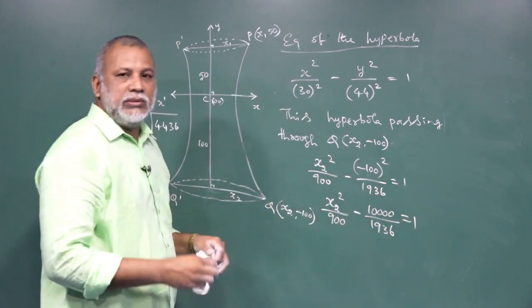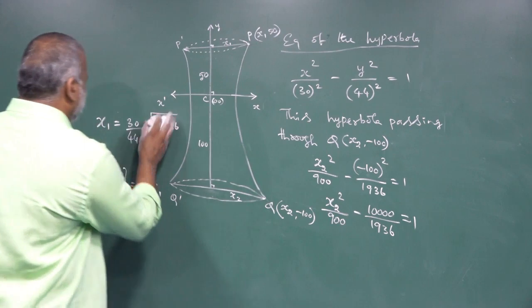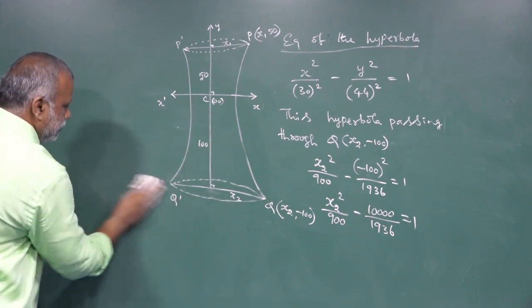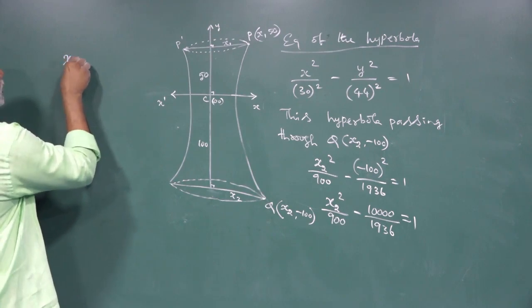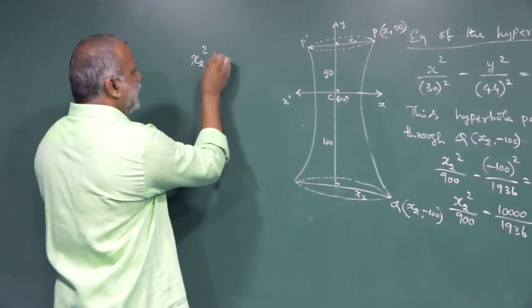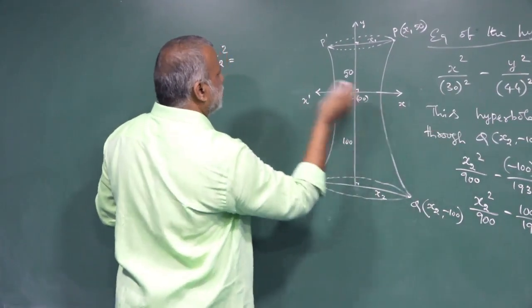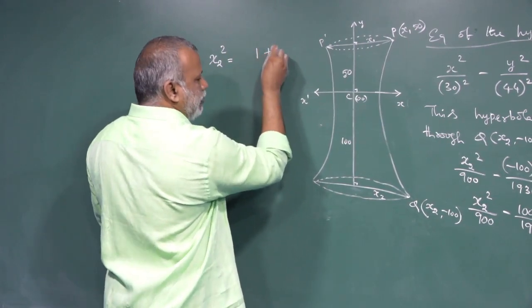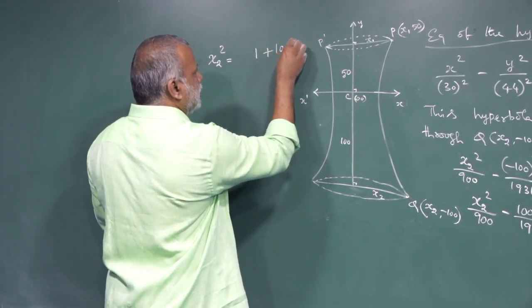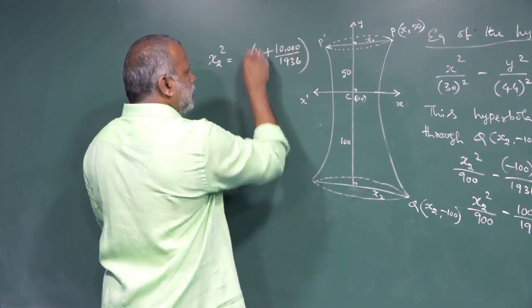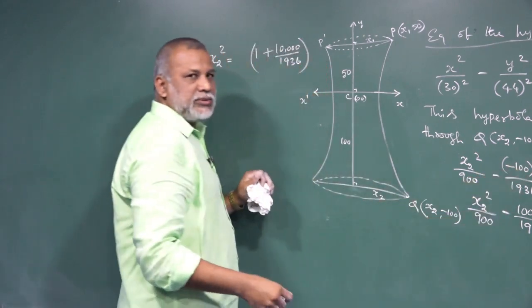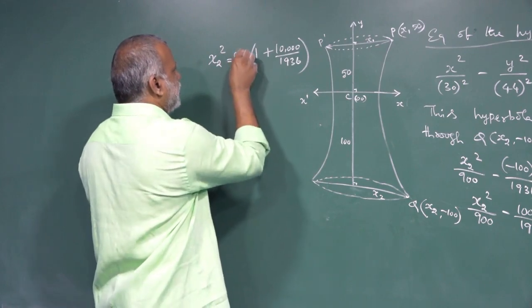Now we need to simplify the value of x2 squared. Listen carefully here. So that means x2 squared equal to, just listen, convert to the other side, 1 plus 10,000 divided by 1936. Again this 900 will be cross multiplied, we can get 900 here.